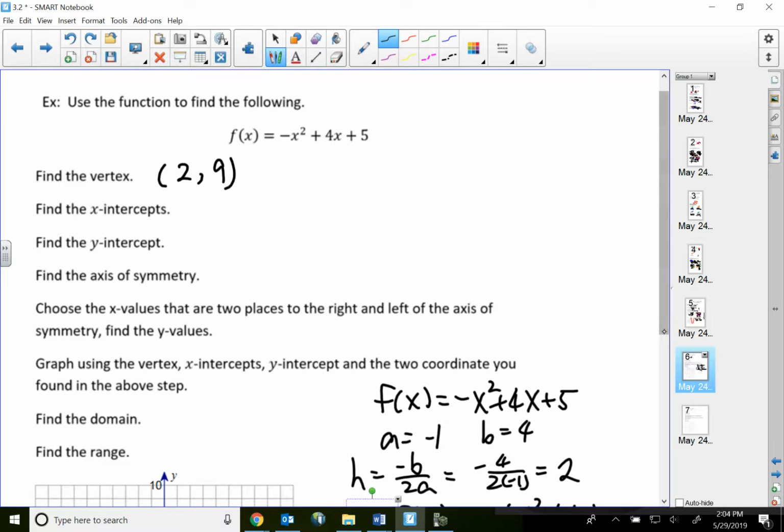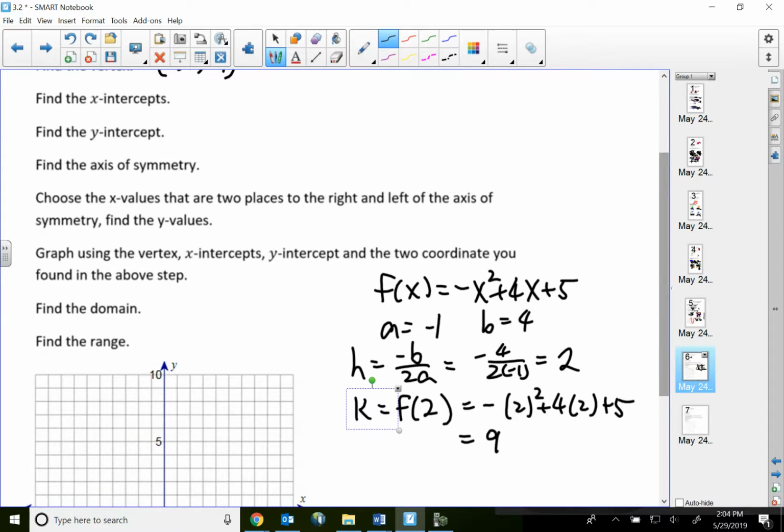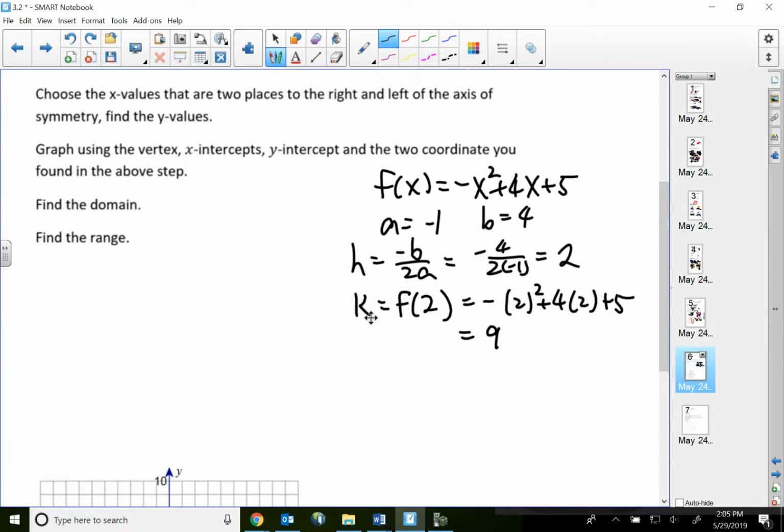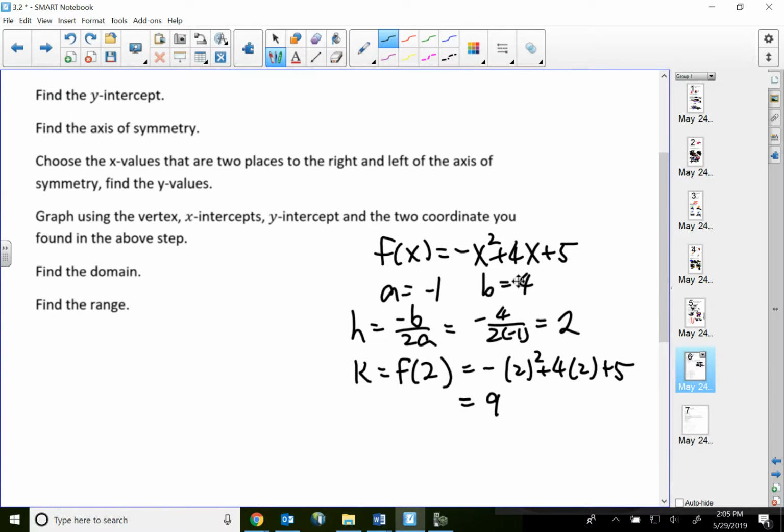All right, x-intercept, find x when y equals 0. So let me do it right here. I'm going to set my function equal to 0. So let's try to solve this by factoring. I'm going to move all three of these terms to the left side so I can keep my leading coefficient positive: x squared minus 4x minus 5.